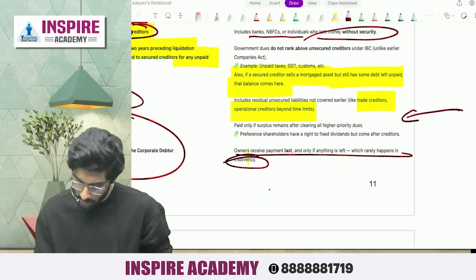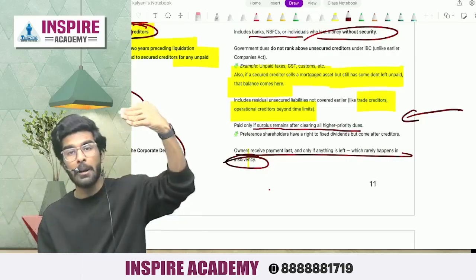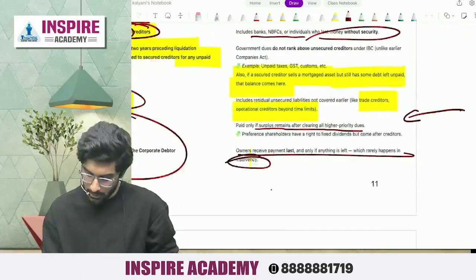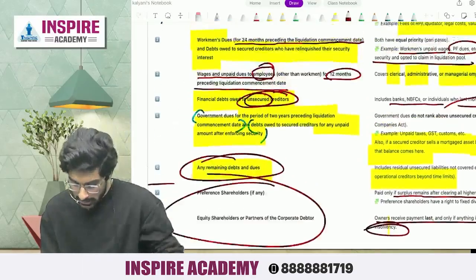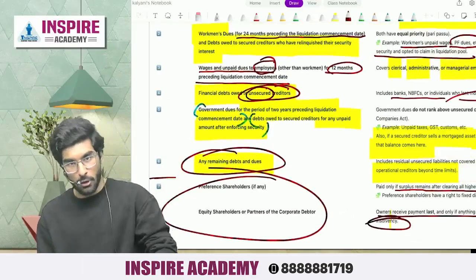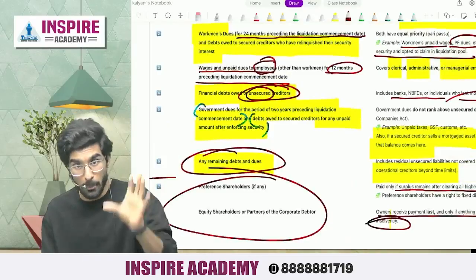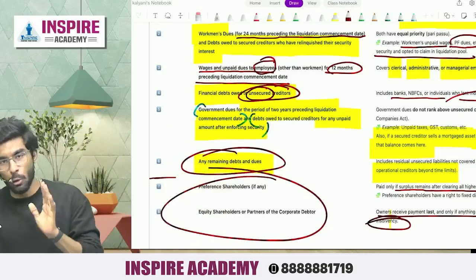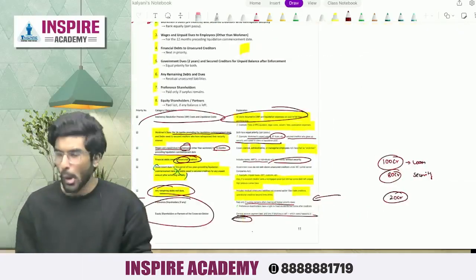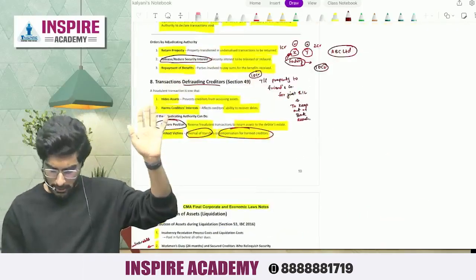So preference shareholders are paid only if surplus remains after clearing all the high priority dues. That means, after you pay all 6 categories of stakeholders, then only priority will be given to preference. After giving to preference only, priority will be given to equity shareholders. Very, very simple, people. Now let's come over here.